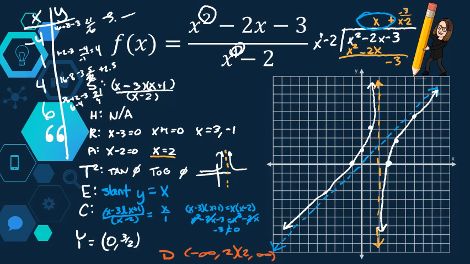I exist everywhere left to right except for at 2. So then my range, hey guys, my range is actually -infinity to infinity. Okay, because this is going forever down, and if I follow, this is going to go forever up, just slower. So my range is -infinity to infinity.